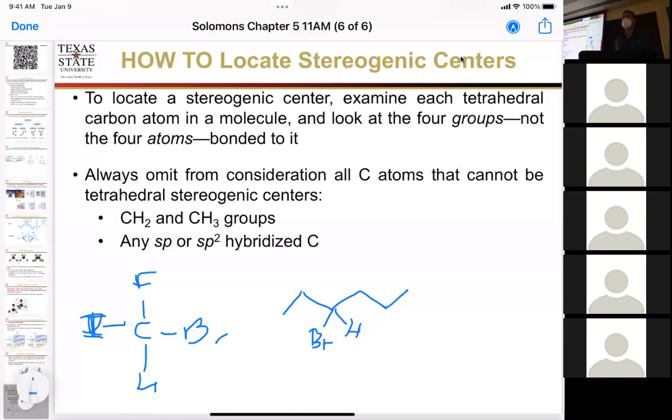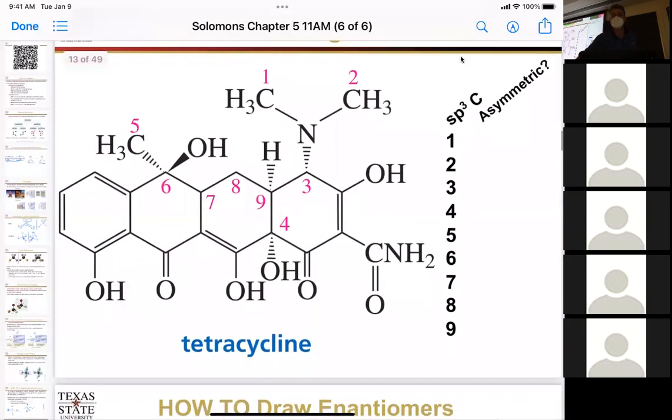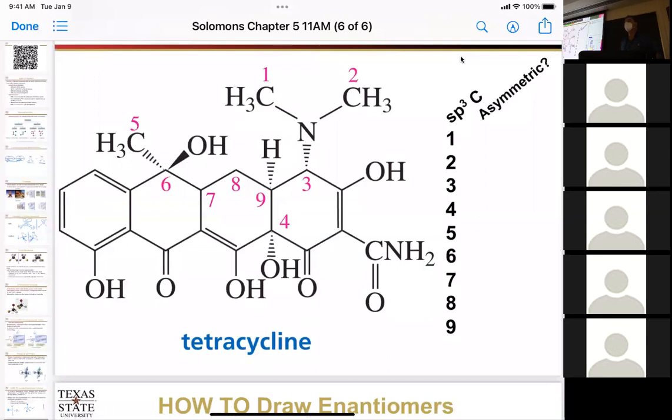The carbon that the bromine is bonded to is our stereogenic center. It's got a bromine, a hydrogen, an ethyl group, and a propyl group. 4 different groups. It's a stereogenic center right here. So that's our chiral carbon. Okay, so let's take a quick quiz. Carbon number 1, chiral or not?